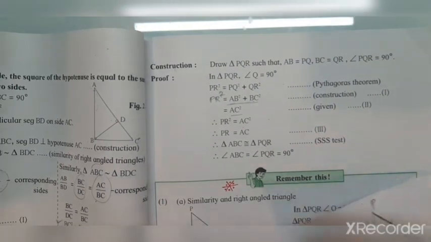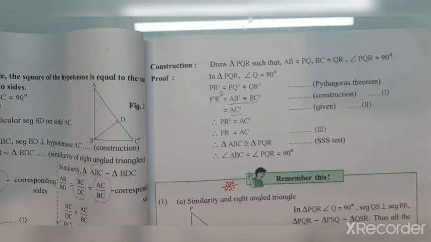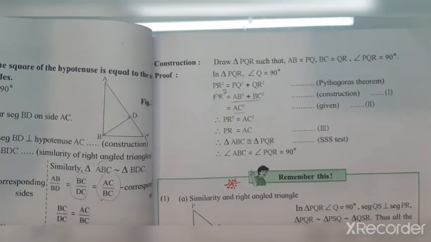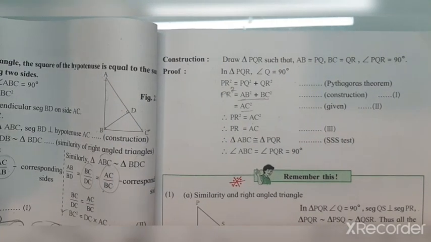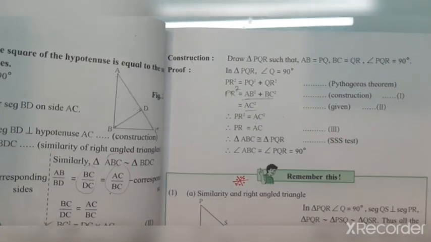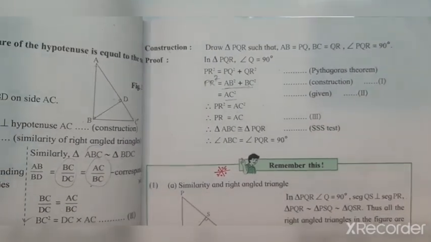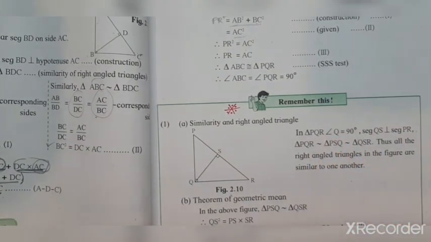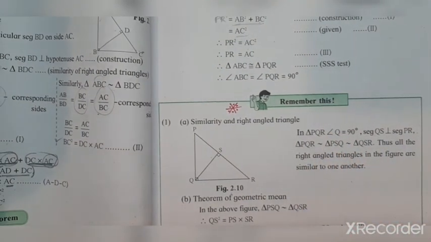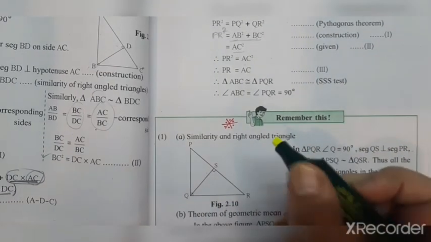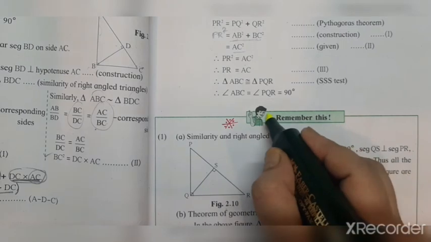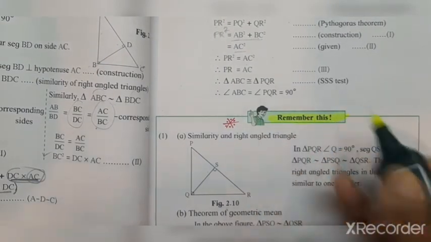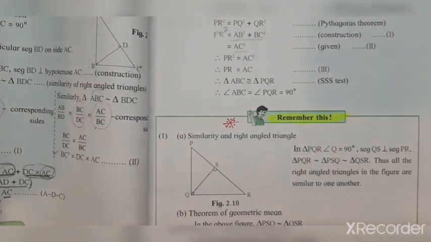So this theorem is on page number 34 and 35. So see that you learn all these properties and theorems what we studied just now. You write it in your notebook. Okay. And on page number 35 they have given Remember This. In this Remember This also, all these 4 properties which are mentioned are also important. So study this, remember this, very important.